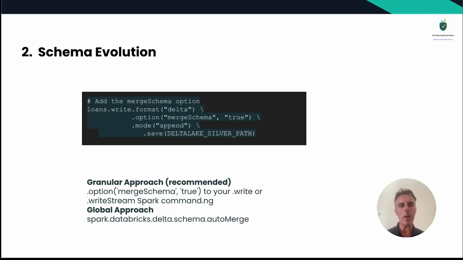You can define a global approach using the spark.databricks.delta.schema.autoMerge option, but this is less common. However, it can be useful in development or testing environments where broad automatic schema handling is desired. So as an example, if a new column is added to a data source, schema evolution can automatically add that column to the Delta Lake table.